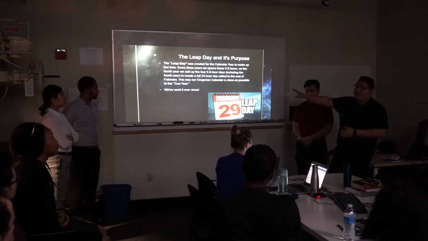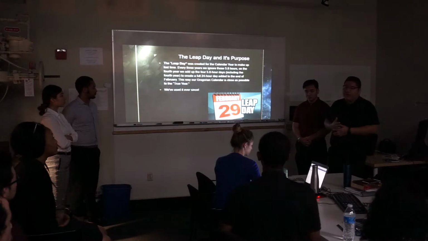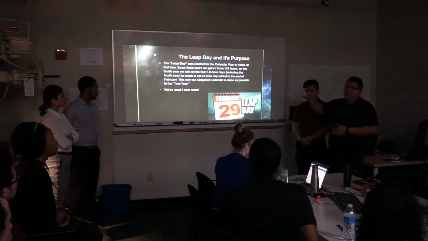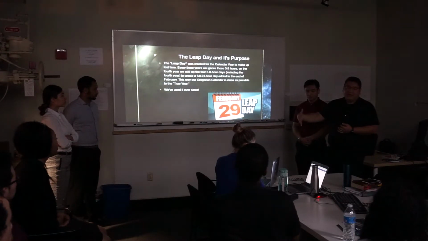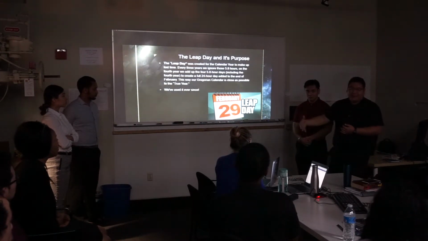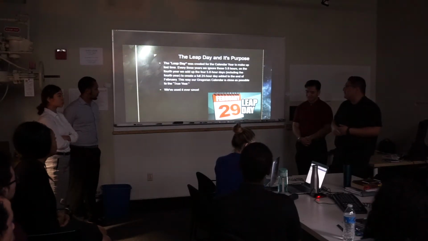Every year, we are behind by 5.8 hours. What we do is, for 4 years, we collect those hours, which I would explain as leftover time. That equals 24 hours, which is 1 day over 4 years.